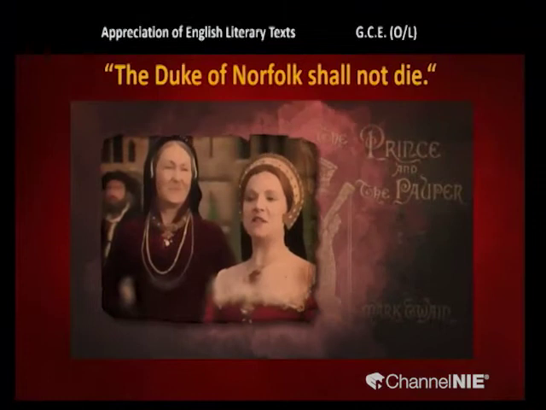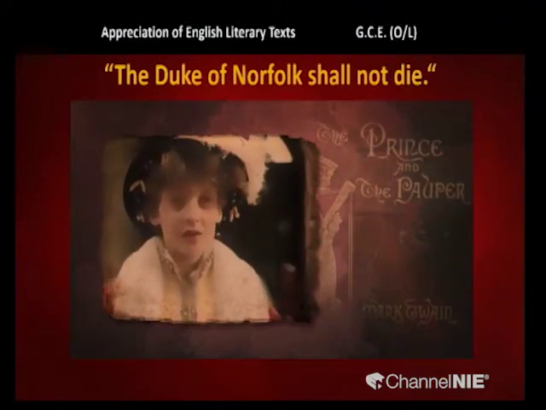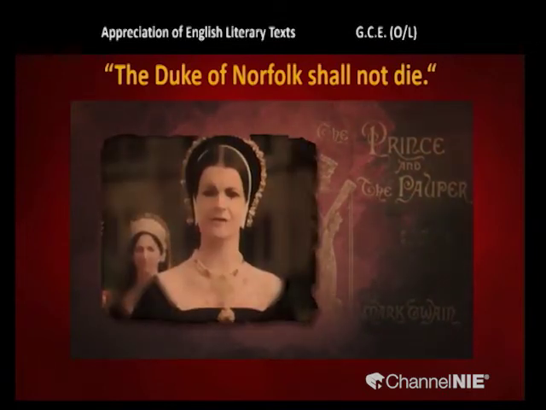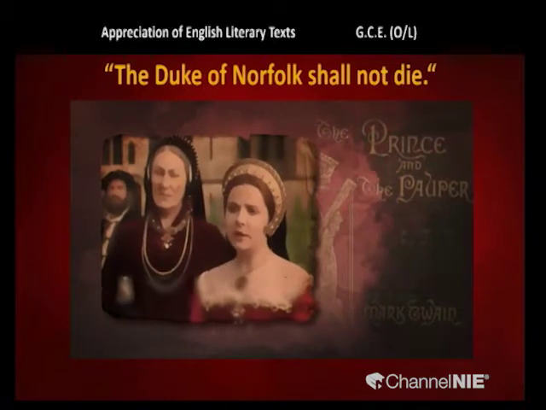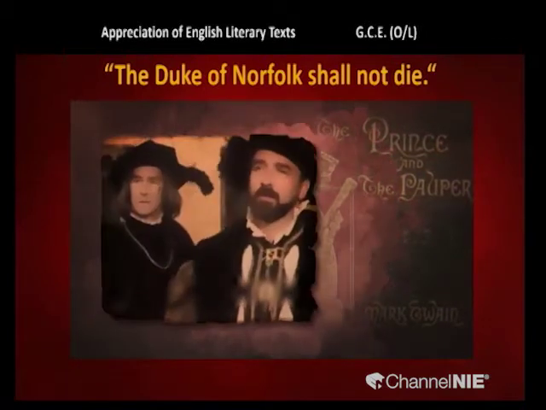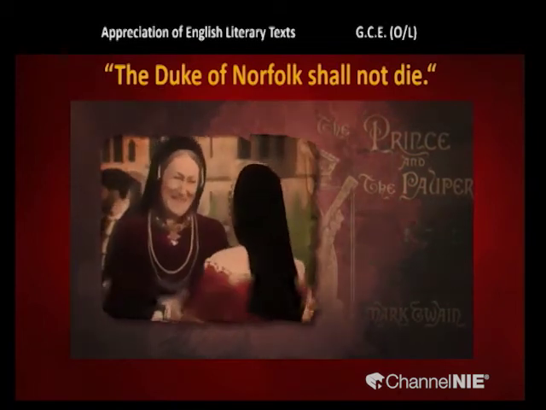The Duke of Norfolk shall not die. Blessed be England to have a just and merciful king. I have one more piece of business. Beware of pity, my liege. It can do the devil's work and stay the acts of justice. What is your wish, my lord? One I hope that will bring you joy. Lord Harford, go at once to the Tower and release the Duke of Norfolk. Thanks be to God.